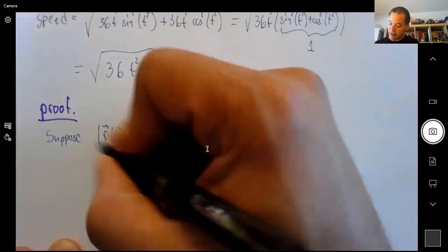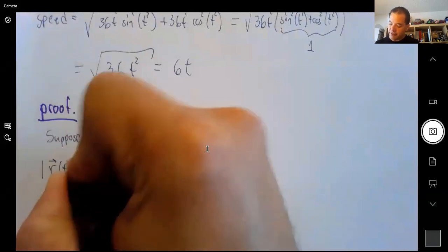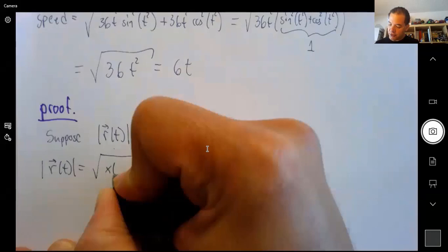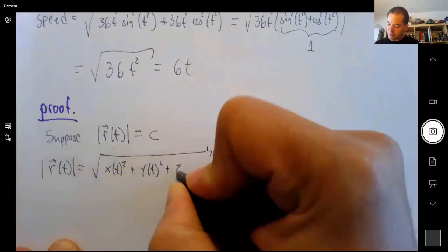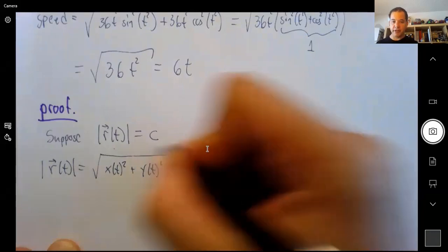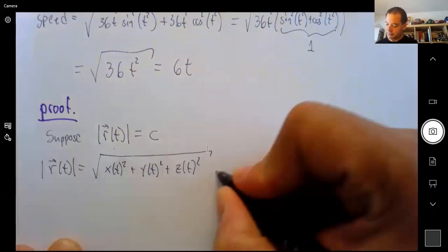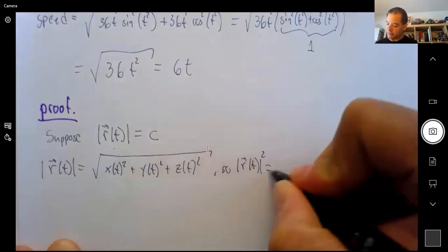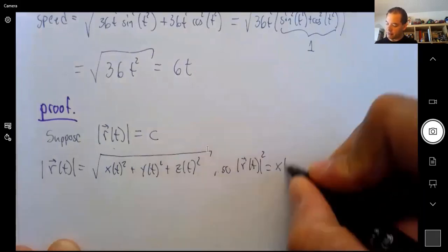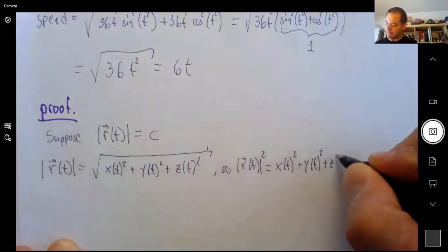The magnitude of r is the square root of the x function squared plus the y function squared plus the z function squared. A different way of looking at it is if you square it, that gives x squared plus y squared plus z squared.